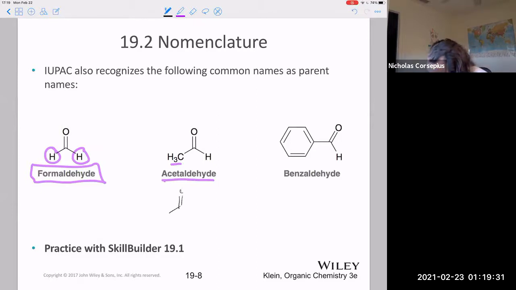Different from this, which would be acetone. And then benzaldehyde is one of the ones that we learned about in the last chapter, I guess, as being one of those special benzene parent chains.